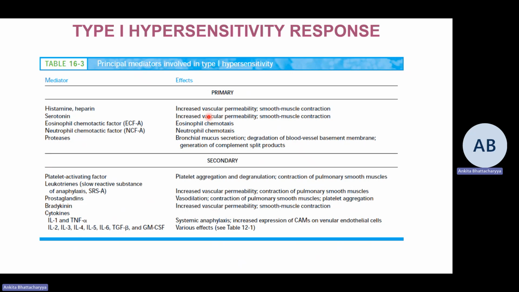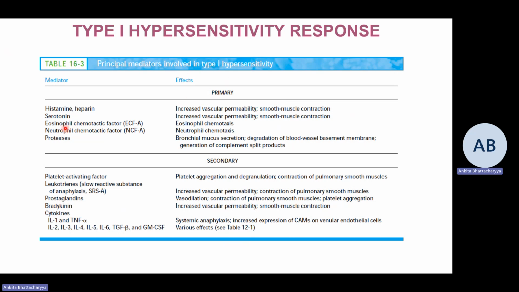There are some key mediators that are involved in executing this type 1 hypersensitive response. So, of course, you have histamine and heparin, which increase vascular permeability and carry out smooth muscle contraction. Serotonin as well does the same job, and these are considered to be the primary mediators of type 1 hypersensitivity.